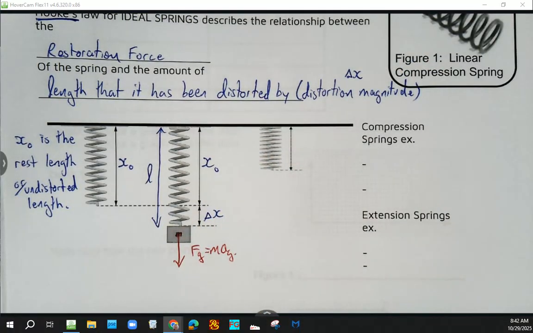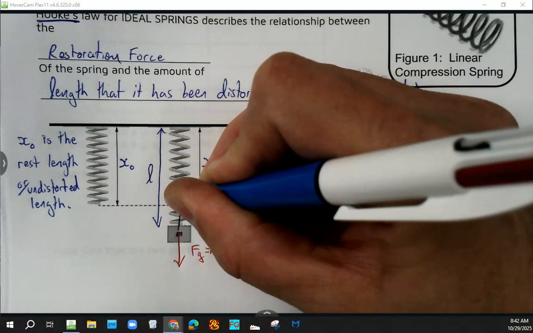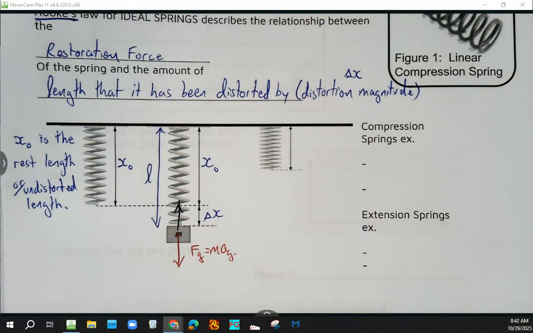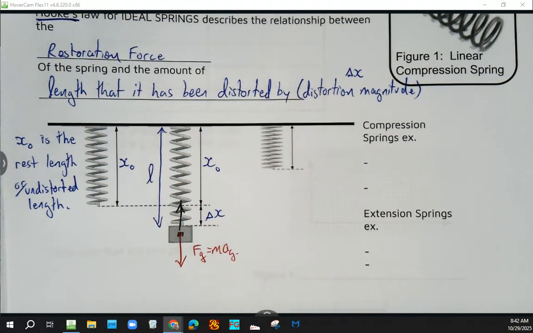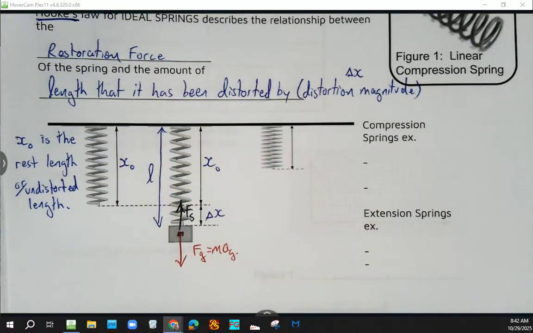And people say, okay, well, what about the spring force, though? And here this is not a true free body diagram. It's an illustration that I'm adding details onto. But if the mass is hanging at a steady height, it's not bouncing up and down, it's not accelerating one way or the other, then what would be true about the spring force, the restorative force? Yeah, equal magnitude. This is a statics problem, essentially.